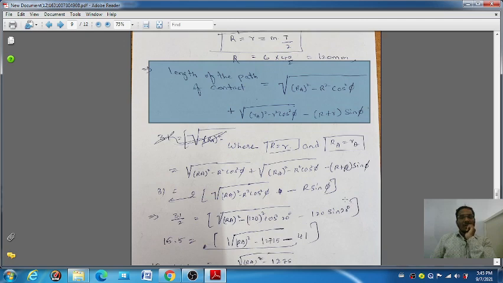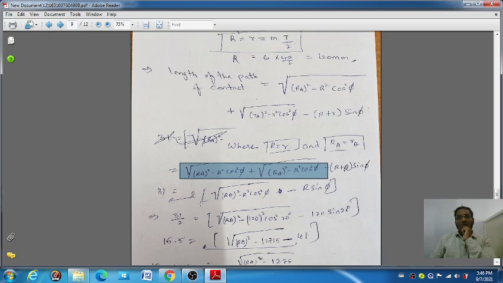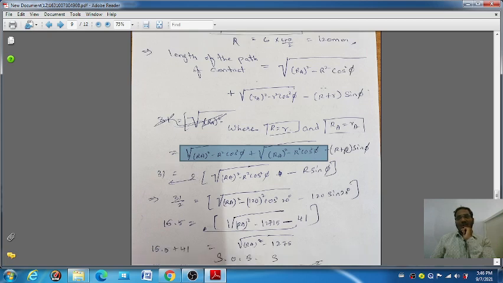These two terms are the same, that's why I took 2 times under root of RA square minus R square cos square phi, then minus R plus R is 2R, that's why I take the 2 common, R sin phi. Then on the right hand side the 2 is in multiplication, so it goes to the left hand side as division. Then in the calculator we will get the value 15.5.